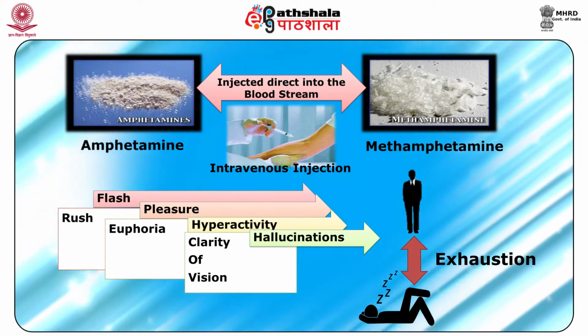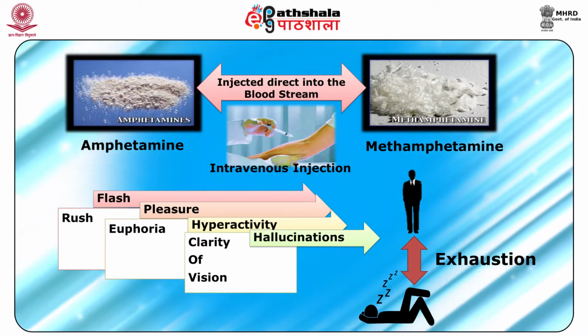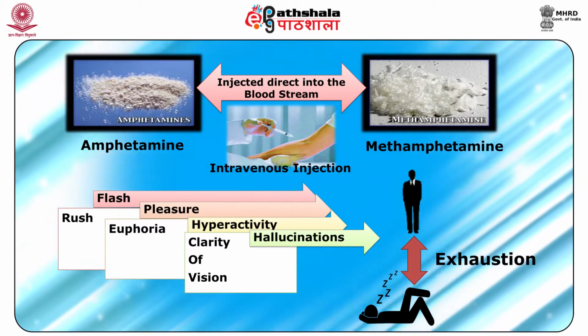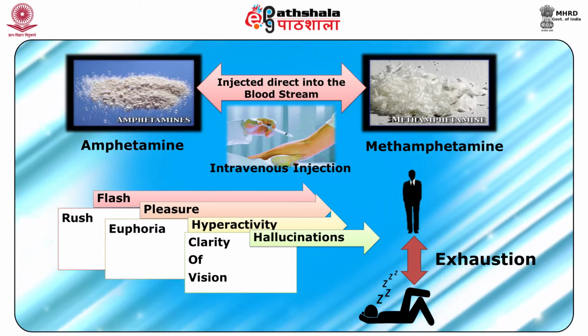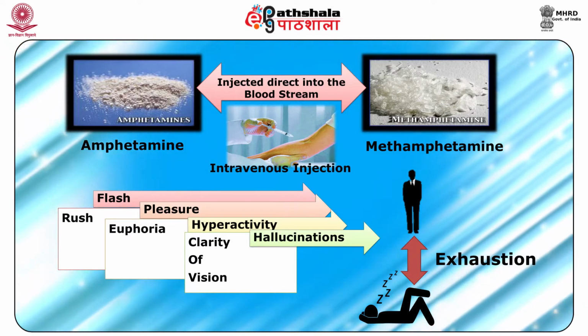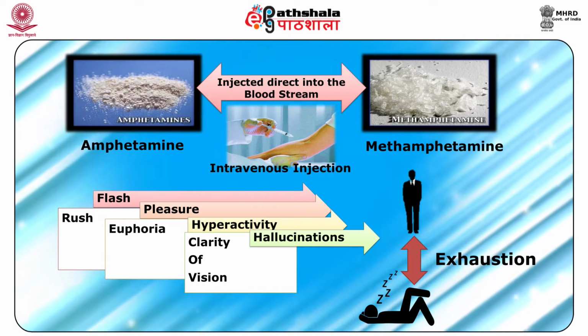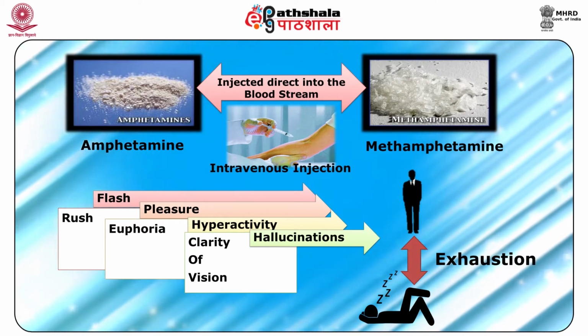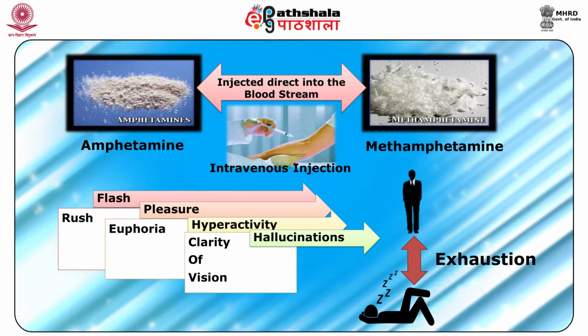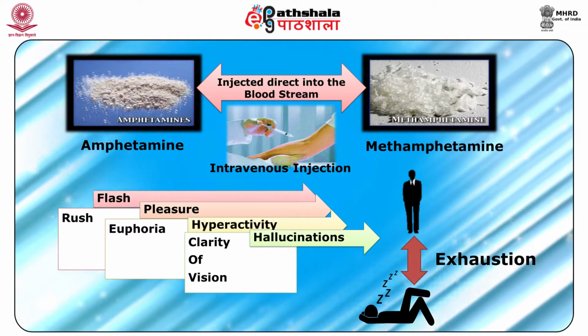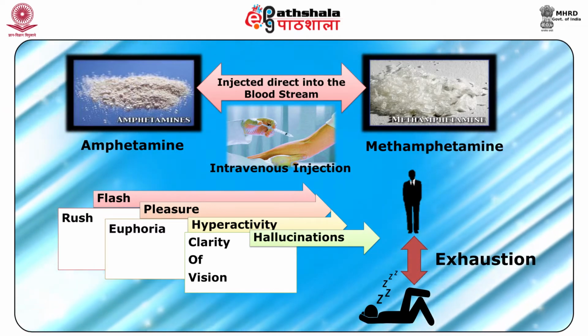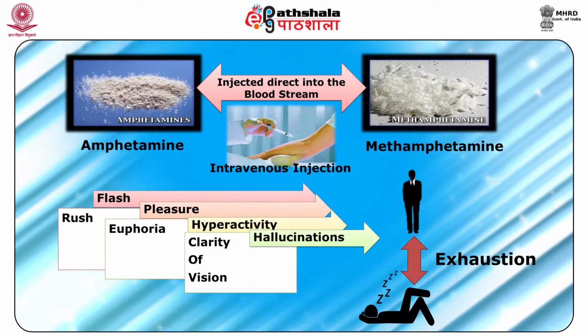The preliminary feeling of a flash or rush is followed by an intense feeling of pleasure, euphoria that produces hyperactivity with a feeling of clarity of vision as well as hallucinations. And after the effect wears off, the individual passes through a duration of exhaustion and may sleep continuously for 1 or 2 days.